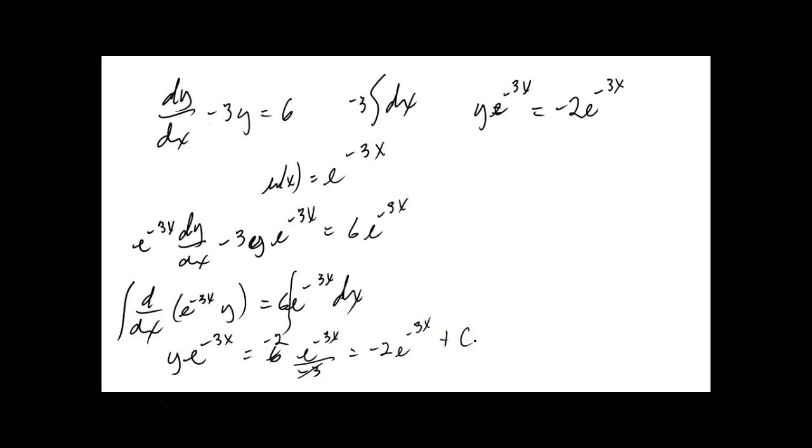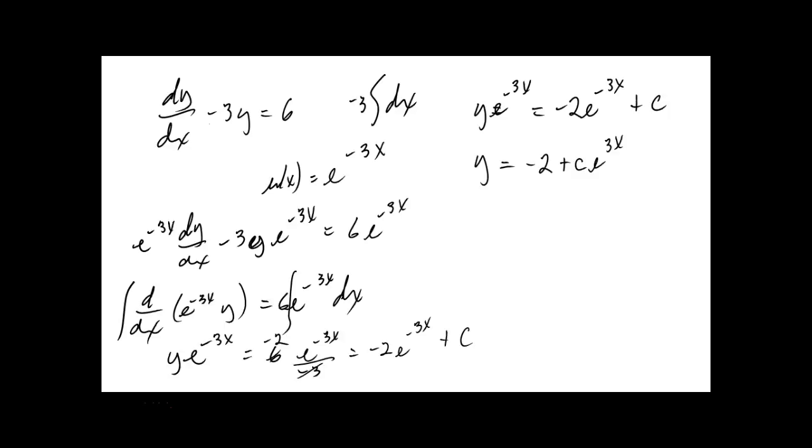That's where you put in your constant. So we have a plus c. And what you do is multiply both sides of the equation by e to the positive 3x, right? So that will be y is equal to negative 2 plus c e to the 3x.